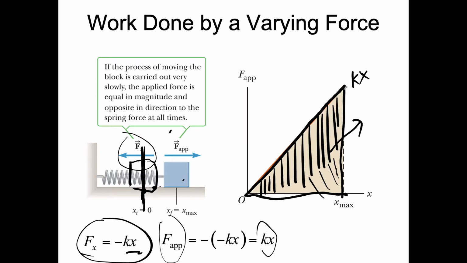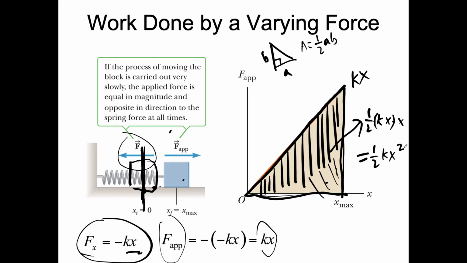So we want to calculate the area of a triangle with sides A and B. The area of this triangle should be 1/2 A times B. So the area should be 1/2 kx times x, which is 1/2 kx squared.